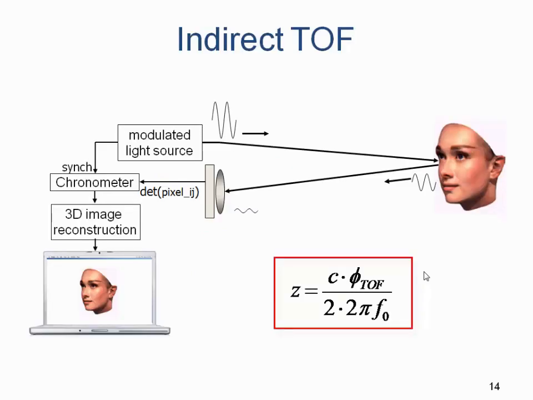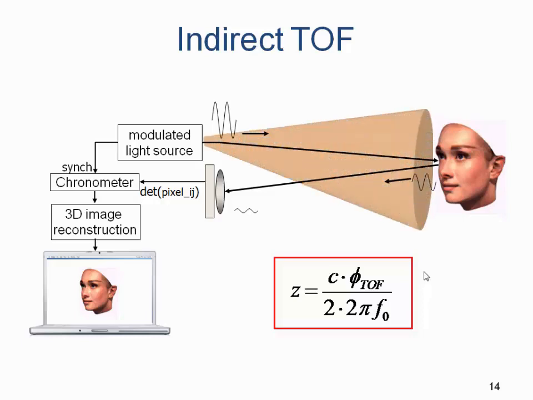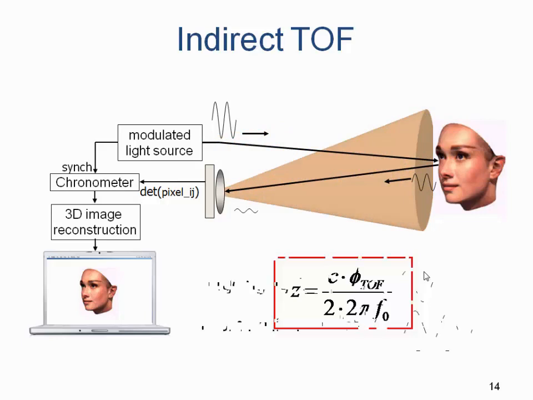In indirect time of flight, the idea is to send a continuous wave of optically modulated photons, and these are usually spread onto the target, represented here with a cone, and reflected back through an optical system into a detector.